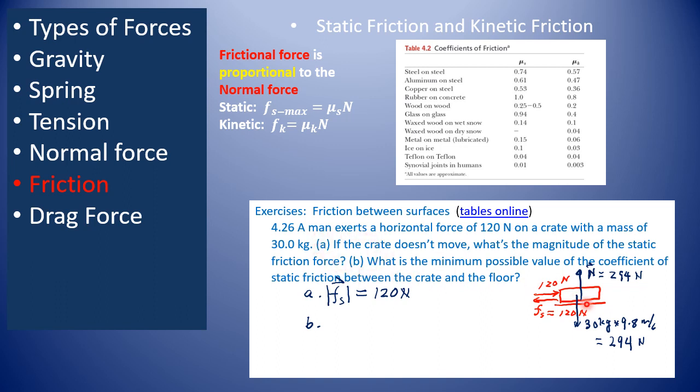Notice that the 100 newtons is applied this way, but the friction goes this way. So therefore, the friction is at least this much. Otherwise, it would have moved. So we are asked for the minimum possible.